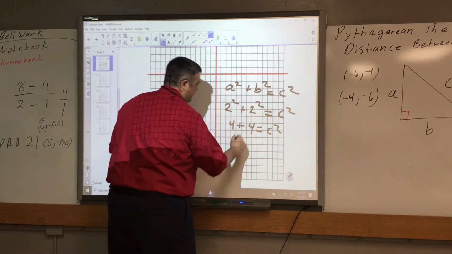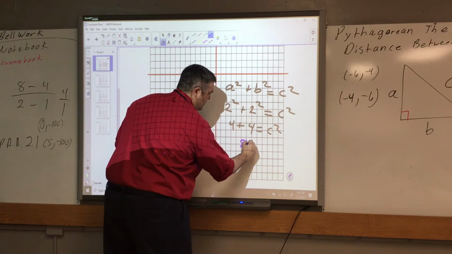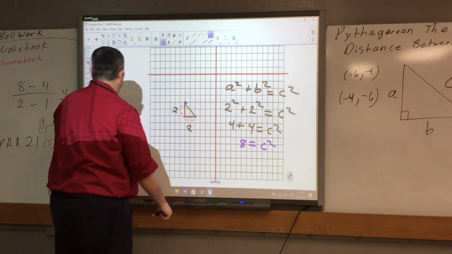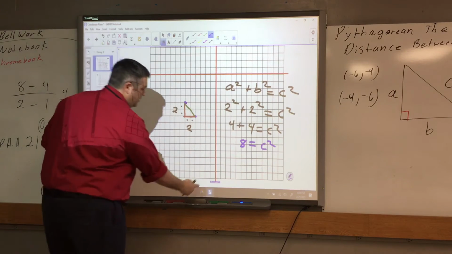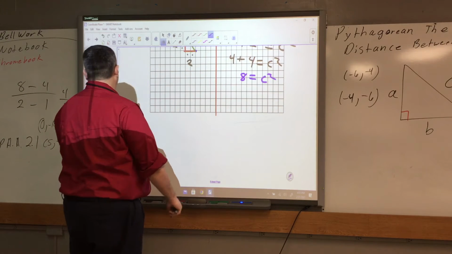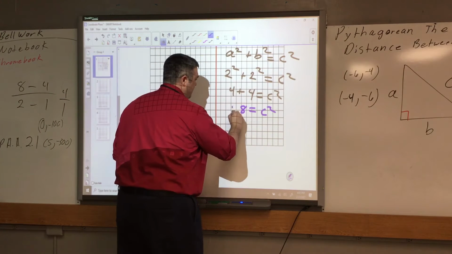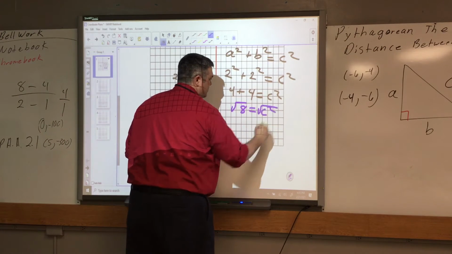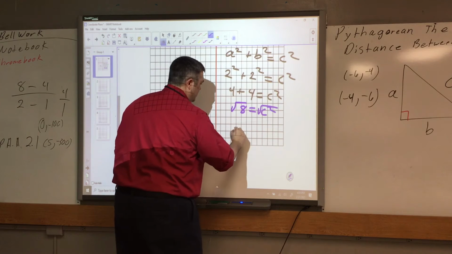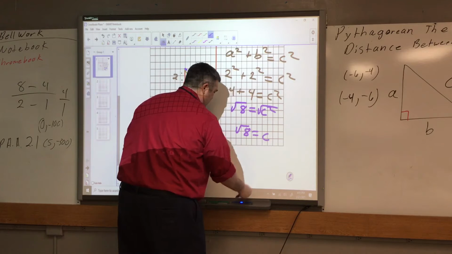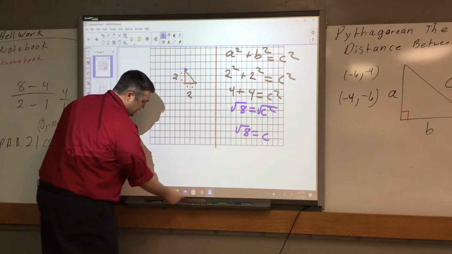Okay, 4 plus 4 is 8 equals c squared. And now you're going to take the square root of both sides. So you have the square root of 8 equals c, and I'm going to switch over here to the calculator.